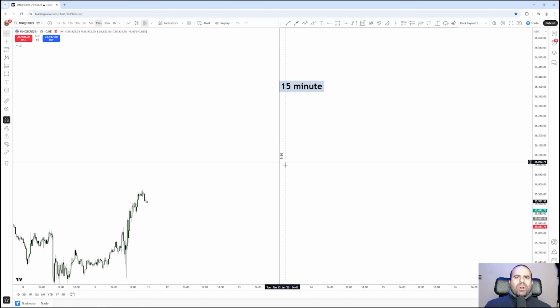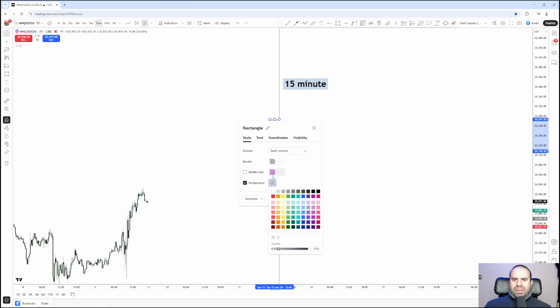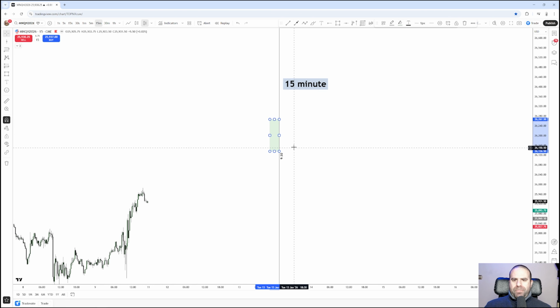Rather, you are gonna be waiting for yet another 15-minute candlestick to close. So let's suppose that this is the 15-minute candlestick from 9:15 until 9:30.